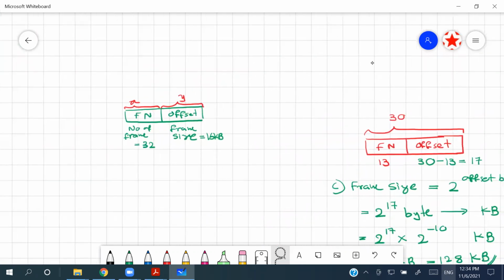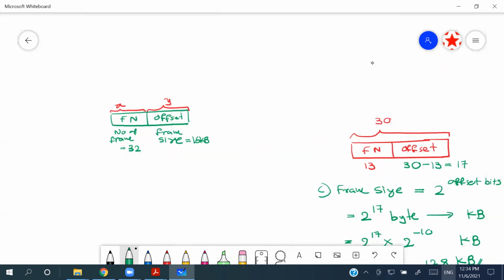The first part that they are asking is the number of bits in the offset. So we can say frame size equals 2 to the power offset bits. We can use that equation. So the frame size is given as 16 KB.